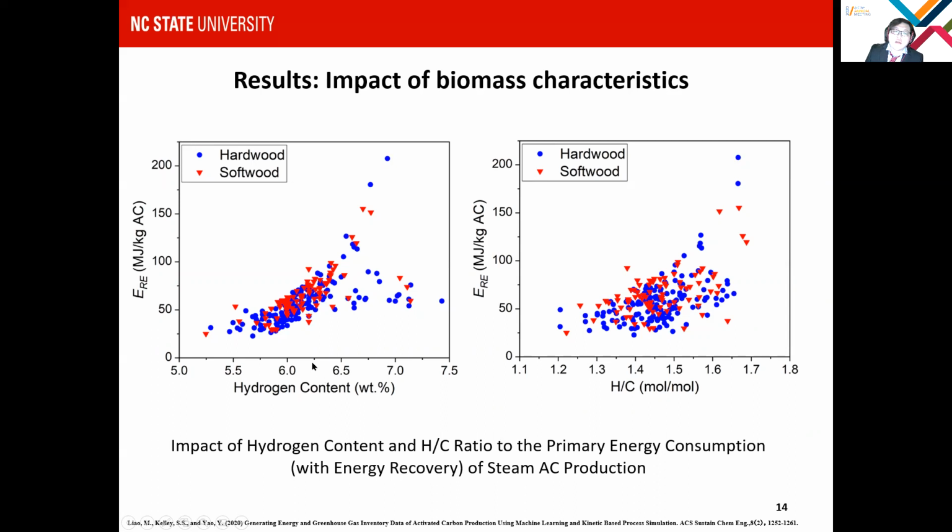When the hydrogen content in the biomass is high, the ratio of aromatic carbon in the biomass becomes lower. This aromatic carbon is the skeleton of the final activated carbon, so the yield will decrease. Since we use the unit of megajoule per kilogram of activated carbon, the relative energy consumption will be increased.